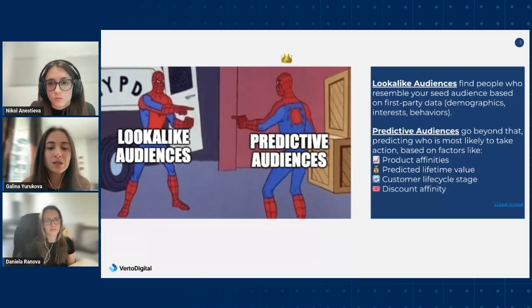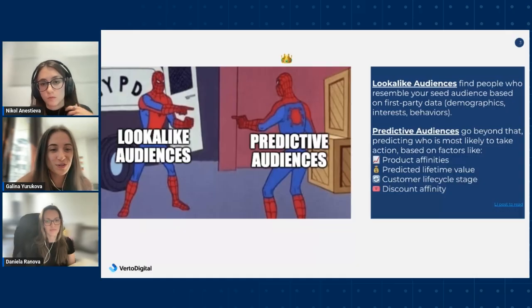With predictive audiences, it works a little bit differently because it uses LinkedIn's predictive AI modeling, which combines millions of engagements on LinkedIn. We're able to reach people who are more likely to take action based on similar characteristics or behavior. And these ones are based on factors such as product affinities, predictive lifetime value. So it takes into consideration a lot more than what lookalike audiences used to do.